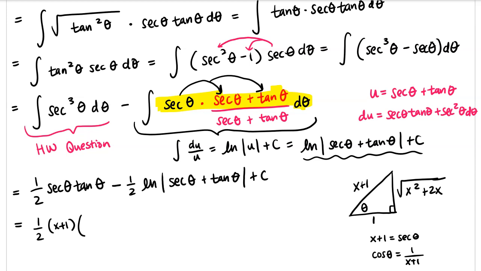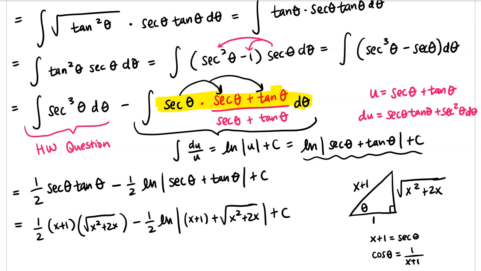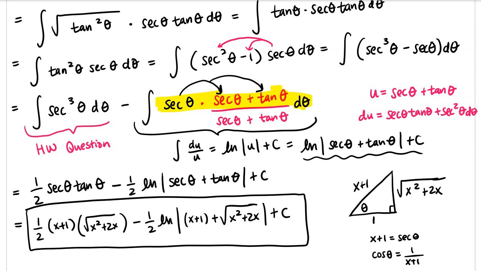Tangent, from looking at our picture, is the square root of x squared plus 2x. Then we have minus 1/2 times the natural log of the absolute value of x plus 1 plus the square root of x squared plus 2x, and then plus our constant of integration. So here is our final answer for this question.